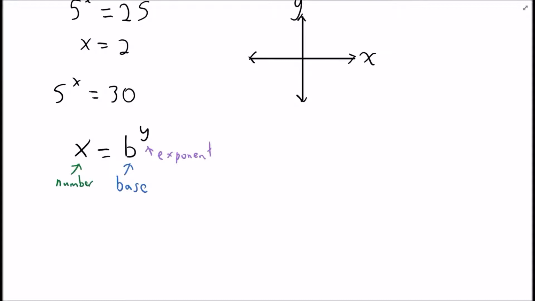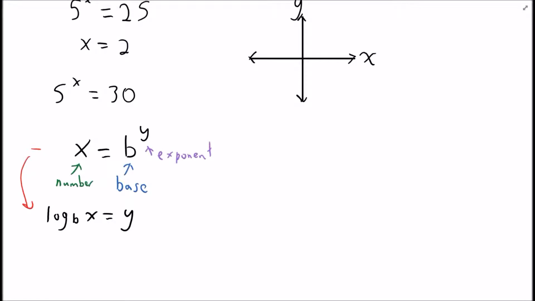If I want to do this in logarithmic form, so I want to use the calculator to help me solve for whatever that exponent may be, what we would do is write the log of the base, so that's a little b there, of the number equals the exponent. By changing it from this first form to this second one, I am solving for the exponent.